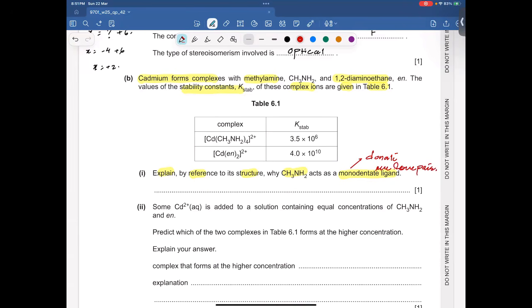Okay, so it donates one lone pair because CH3NH2 has only one lone pair.